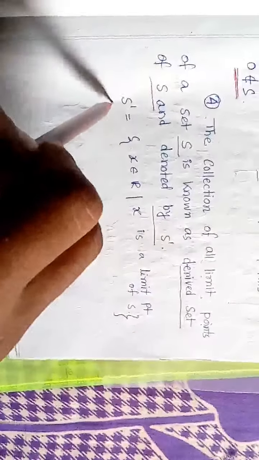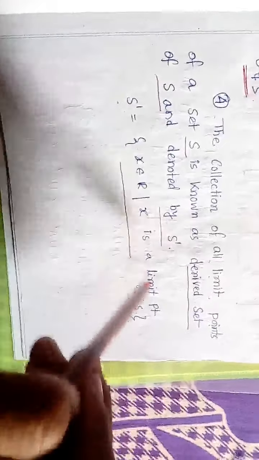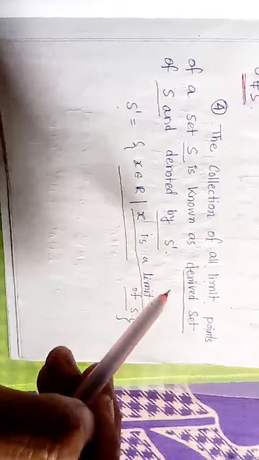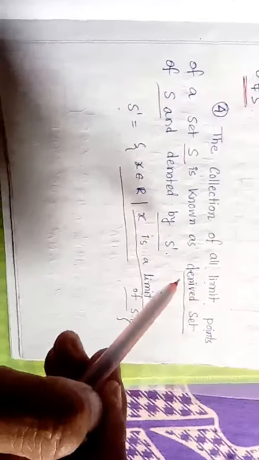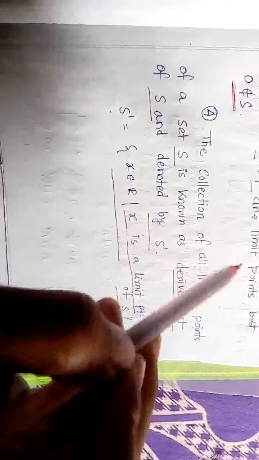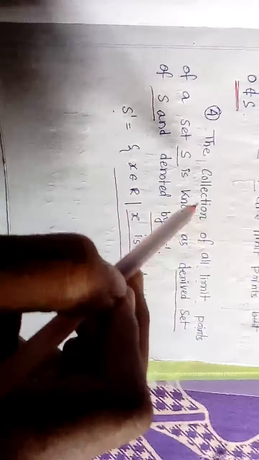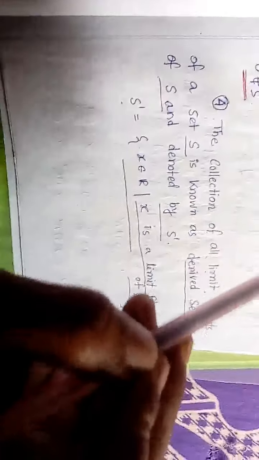S dash is the set of all X belonging to the real numbers such that X is a limit point of S. As we have already discussed, a limit point must belong to the real numbers, not necessarily to the set S. So this is called the derived set.